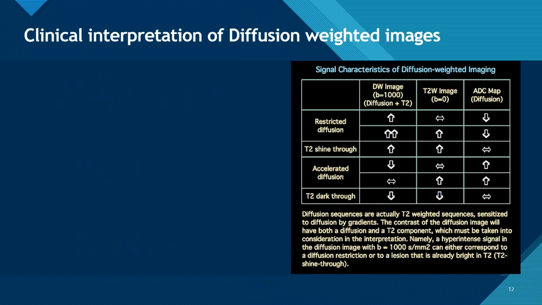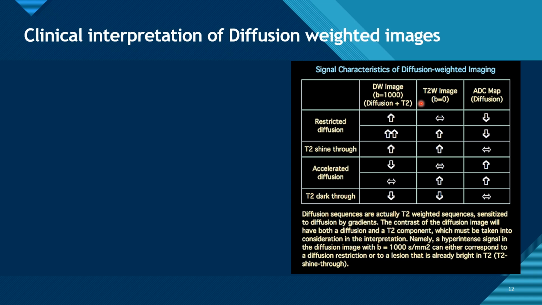So let's revise how to clinically interpret diffusion-weighted images. When we have diffusion-weighted images, we have to see our signal characteristics in at least 2 separate images, if not 3.